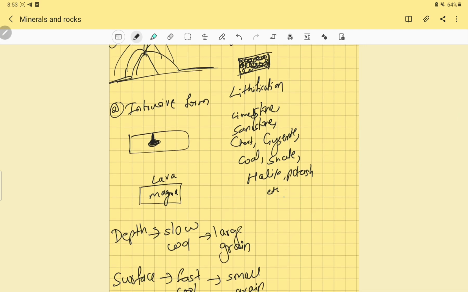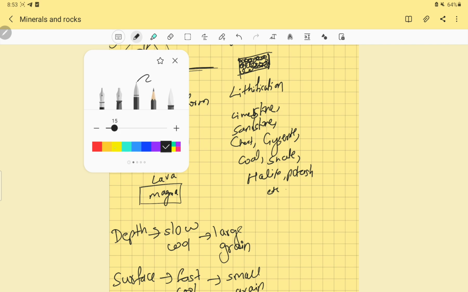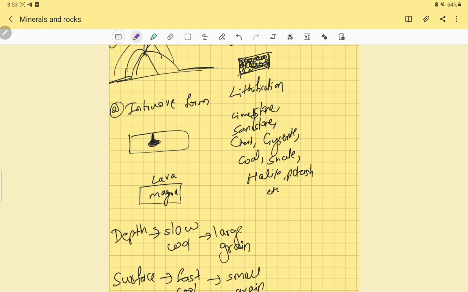in three ways. Okay, I'll change the color of the pen to differentiate here. So, sedimentary rocks can be formed in three ways. One, it is mechanically formed. Mechanical means pressure.